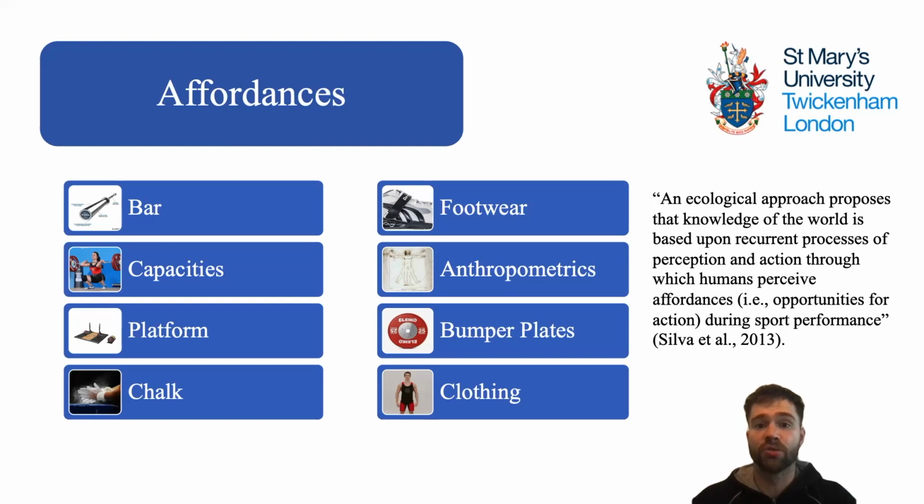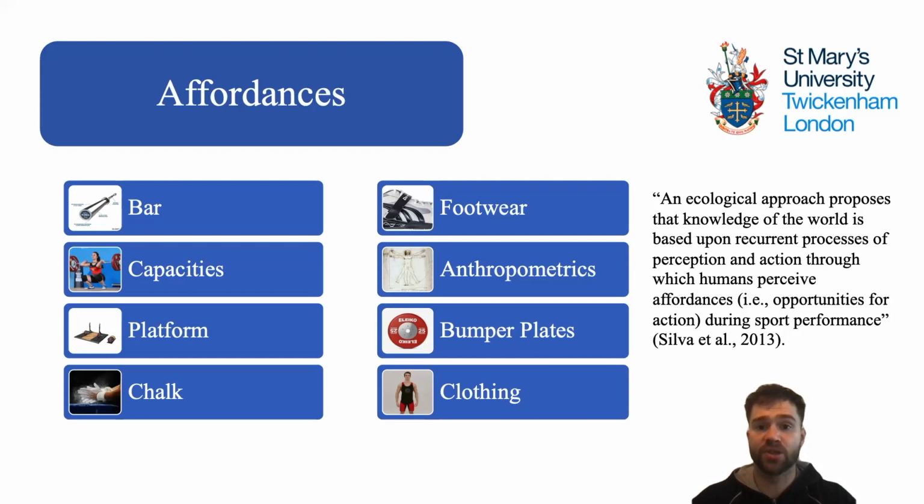So ensuring we use the right barbell, the right footwear, using the right platform, chalk, clothing, and bumper plates, all things that can help us afford to attempt better movement patterns and in some respects, higher levels of weight, which would lead to better power output, less power leakage, and more efficient movement patterns.